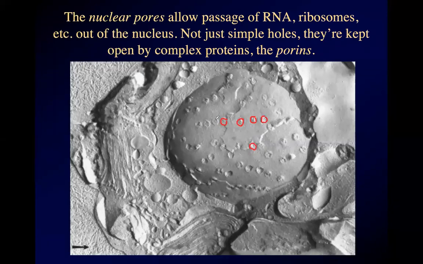Those are called nuclear pores, and they're held open by some rather complex proteins called porins that act as gates. The nuclear pores can open and close, so that's how ribosomes can get out of the nucleus and go to where they're needed. Messenger RNA goes out of the nuclear pores. Certain proteins might pass into the nucleus via the nuclear pores. So that's where traffic in and out of the nucleus is controlled.